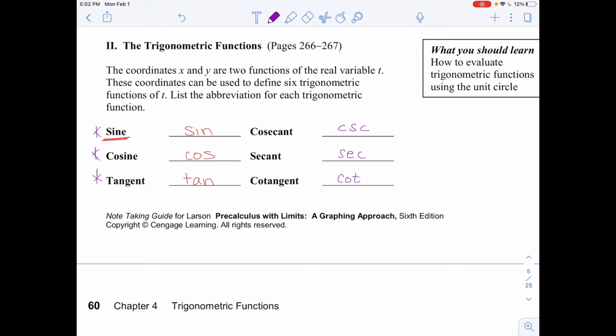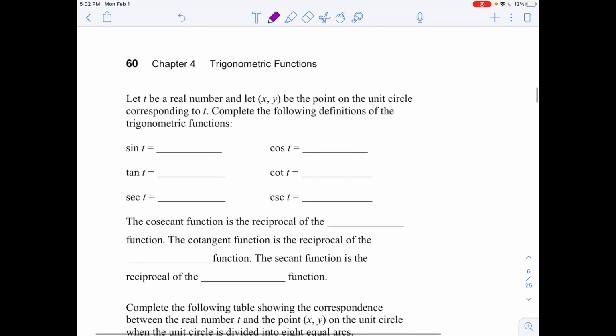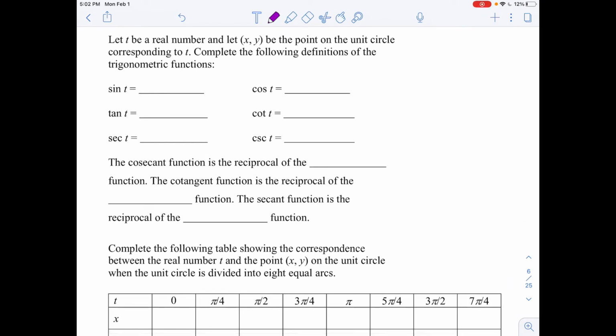I want you to keep in mind that we can come up with these six trig functions in a couple of different ways. And you've probably seen this before. Keep in mind that when this is the x-axis and the y-axis, it's a circle with a radius of 1.